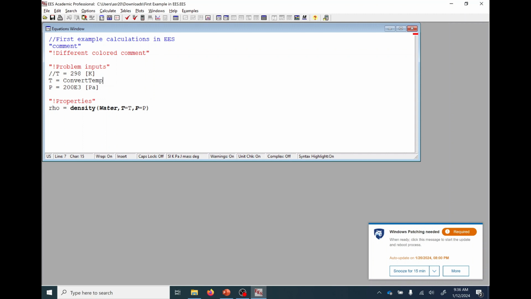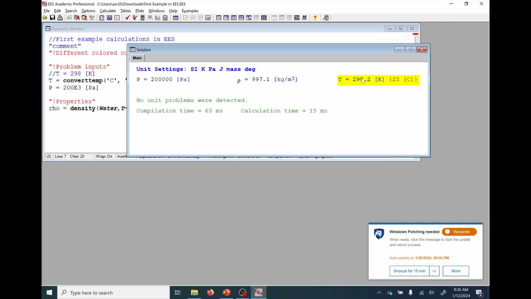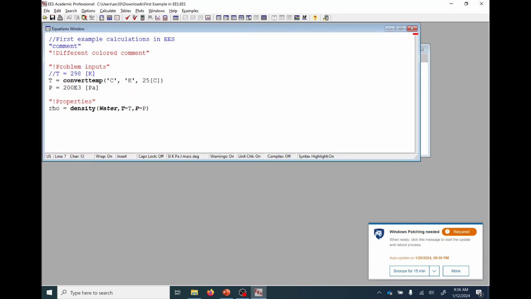For temperature it's going to be convert temp, so I'm going to convert a value from Celsius to Kelvin, and the value would be a constant, let's say 25 Celsius. So that will convert for me the temperature to the correct value in Kelvin, and it won't have any unit problems because I'm using the built-in unit conversion factors. So convert temp is a special one.